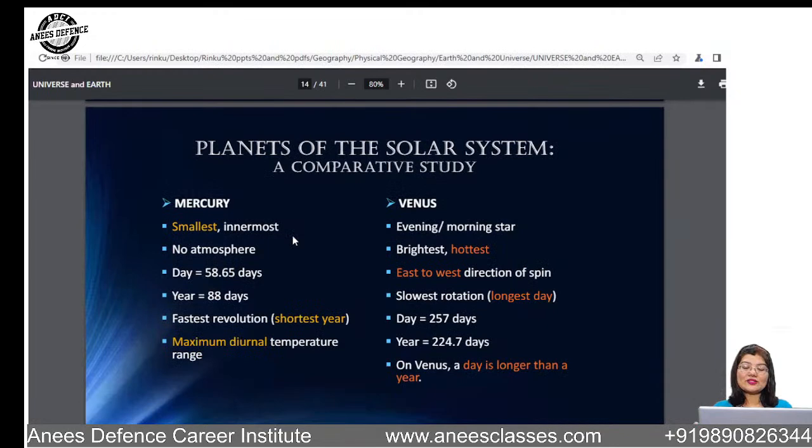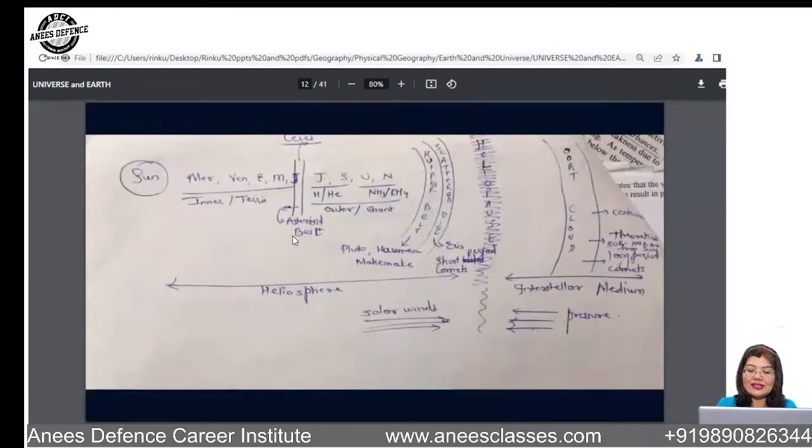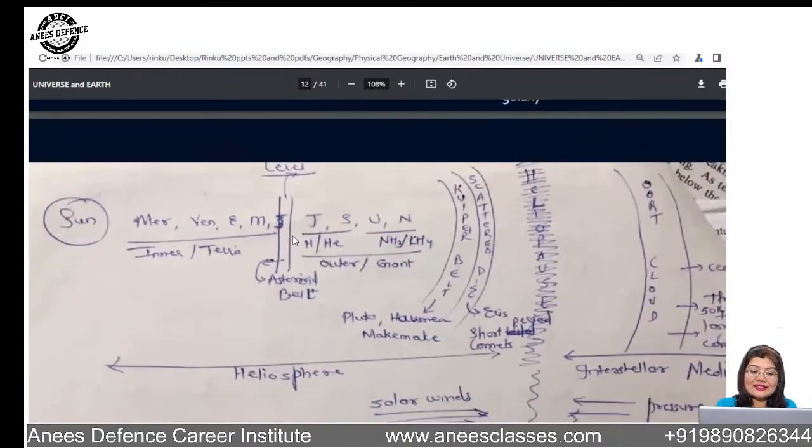When we look at the planets of the solar system, we had discussed that the first 4 planets, Mercury, Venus, Earth, and Mars, are called the inner planets or the terrestrial planets. The reason they are called terrestrial planets is because they resemble the Earth. They are similar to the shape and structure of the Earth.